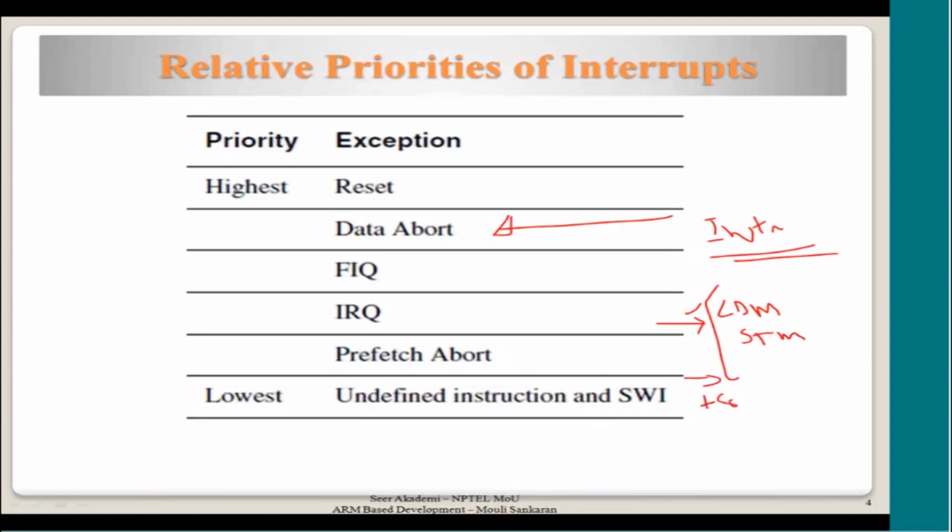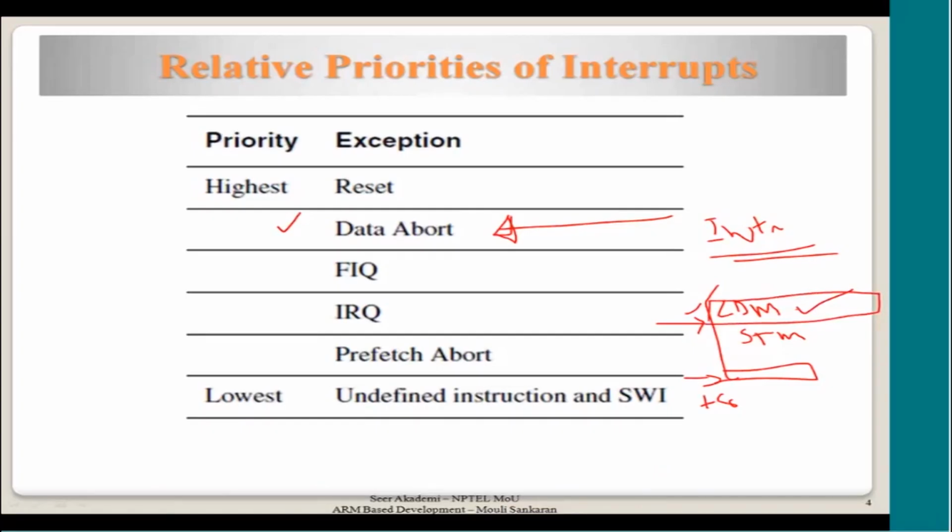Now, if the OS or a handler needs to restore the content or remove the condition which has caused this data abort, it has to execute the same instruction again to make sure that it is completed properly, right?